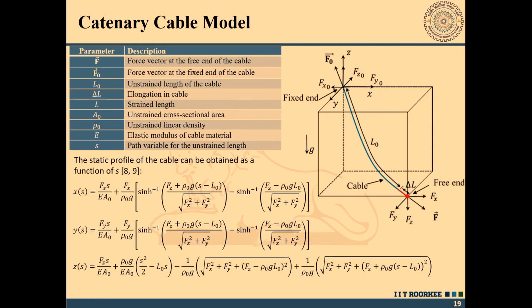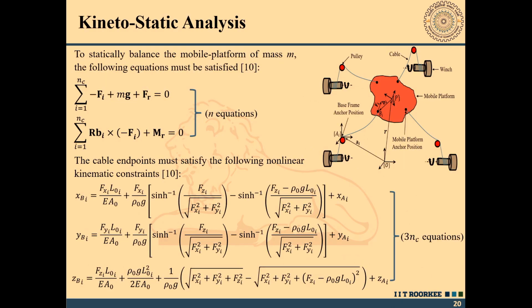This is the catenary cable model. Basically, we can talk about the position x, y, z here for given forces at the free end and at the fixed end. So, once that is done, we can carry out the kineto-static analysis of this basically by writing the force and moment balance equations over here.